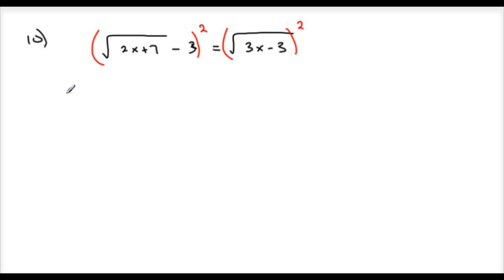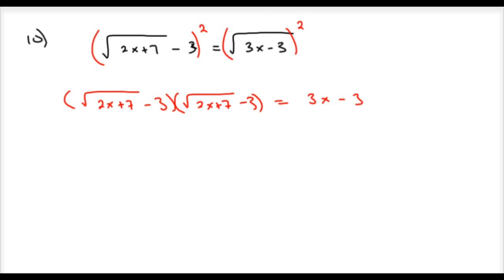So we're going to have to FOIL this out. I'm just going to FOIL this first one out for you. So radical 2x plus 7 minus 3 times radical 2x plus 7 minus 3 equals, and then when I square that side, I'll just get 3x minus 3. So if I FOIL this, radical 2x plus 7 times radical 2x plus 7 is simply 2x plus 7.